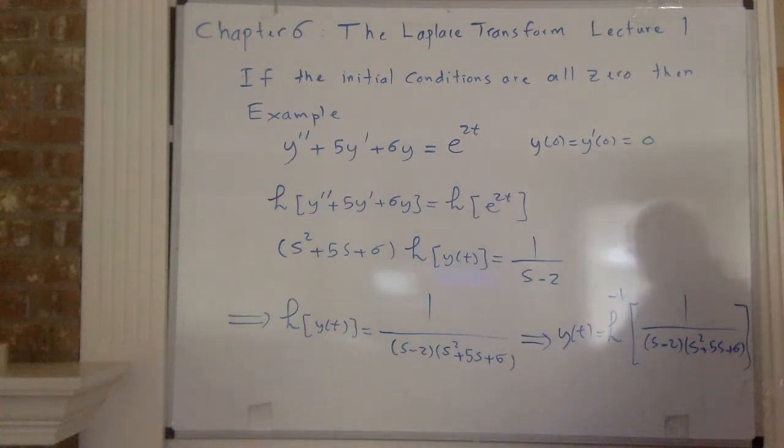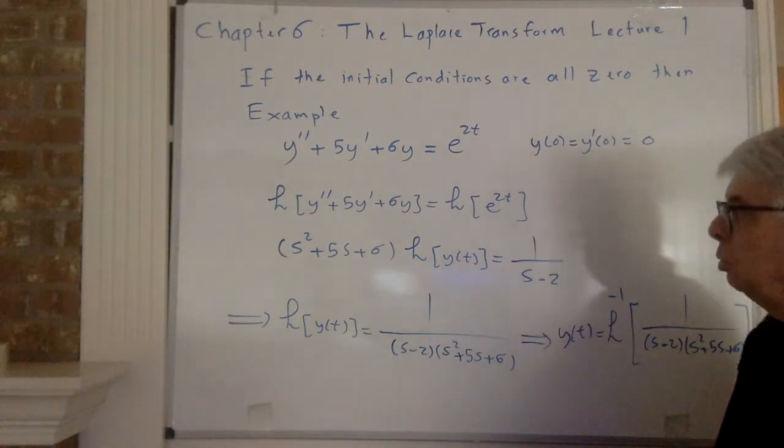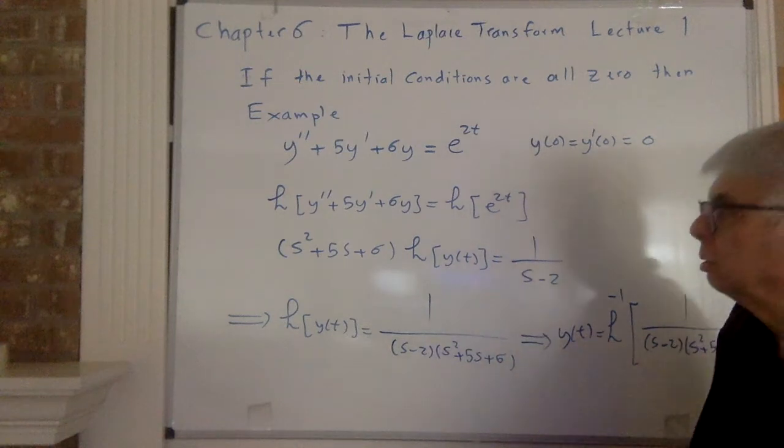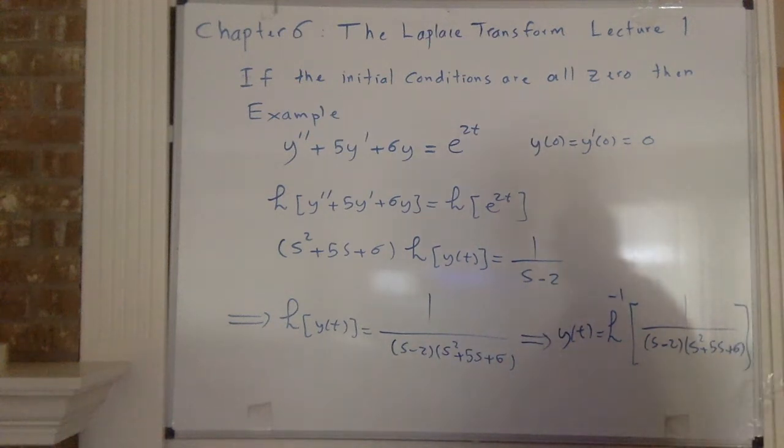That's it. Just remember, if you wanted to solve this using methods of the previous chapter, you had to find the general solution, the complementary solution, and then the particular solution for the e to power 2t, and put them together.